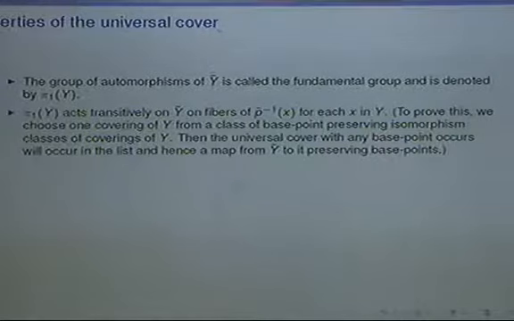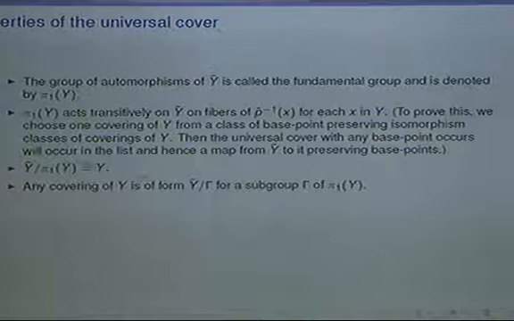So finally you get the universal cover, and the group of automorphisms is called the fundamental group, denoted by pi1 of Y, and it acts transitively on the fibers. If you quotient by this group, you get Y, and any covering is of the form Y tilde mod gamma. So the covering theory just works here without any real modification.